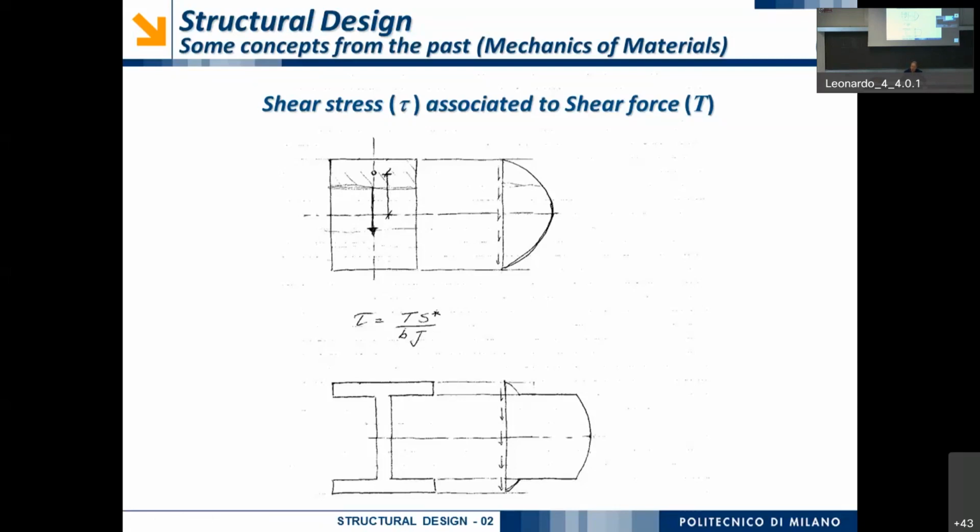Okay, what we are doing is something like this. Let's have an ideal cut of our cross-section here, or here, or here, at a certain distance from the center, okay? What I assume is that the shear stress is constant along the length of the cut. So b is the length of the cut.